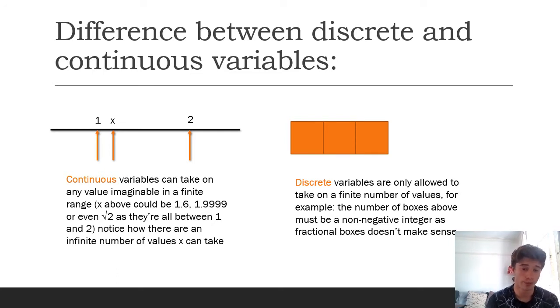Whereas discrete variables, on the other hand, are not necessarily like that. A good example is coming in integer amounts only. Up here, you can see I've got 3 orange blocks above the discrete variable part, and it seems as if there can only be a whole number of blocks. It comes in integer amounts. That's a good example of a discrete random variable, but it's not the only type. You could also have fractions.